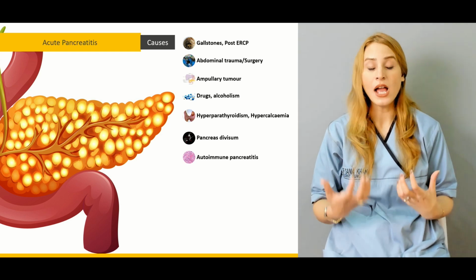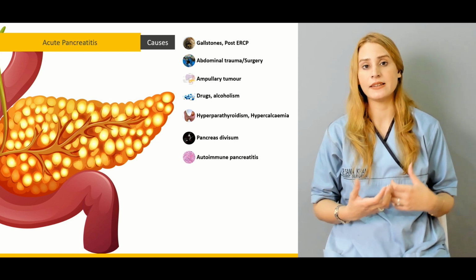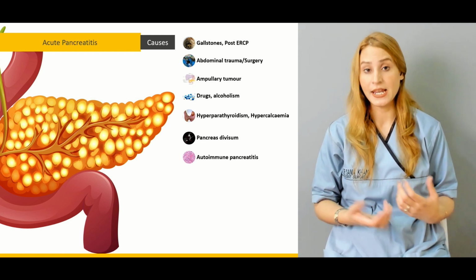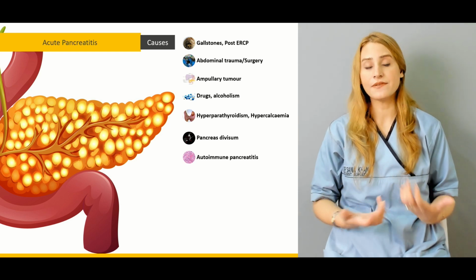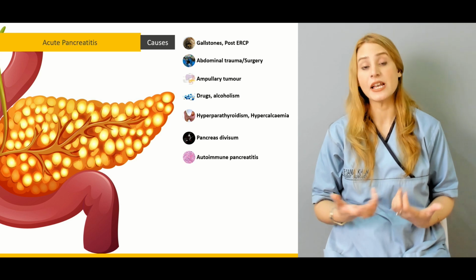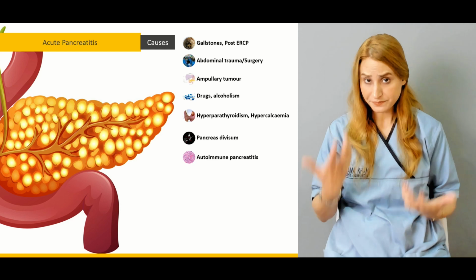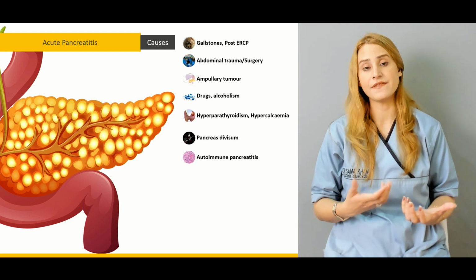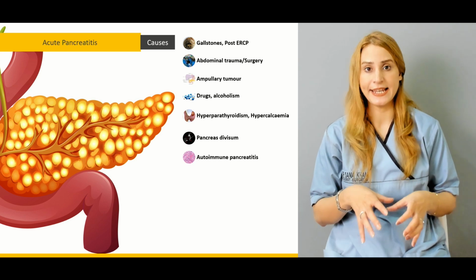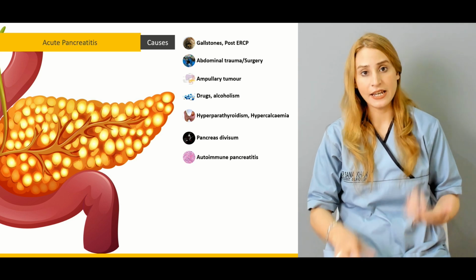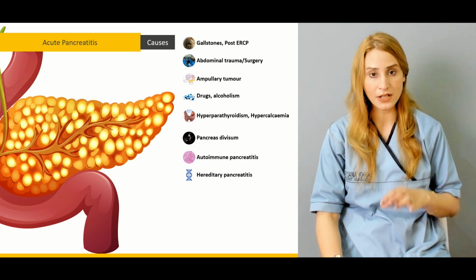We all know that the pancreatic enzymes, like trypsin and chymotrypsin, specifically trypsin, are autolytic enzymes. In autoimmune pancreatitis, some antibodies develop against the pancreas, and it starts digesting its own cells, which leads to the development of pancreatitis. So autoimmune pancreatitis is one of the causes.